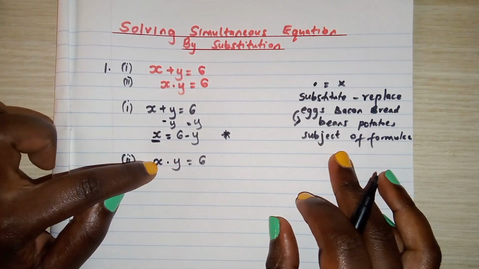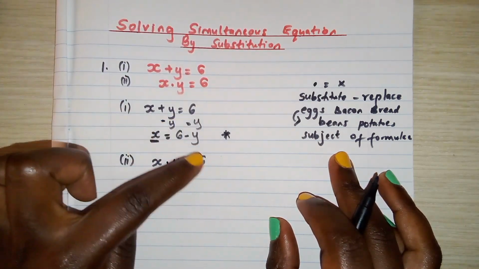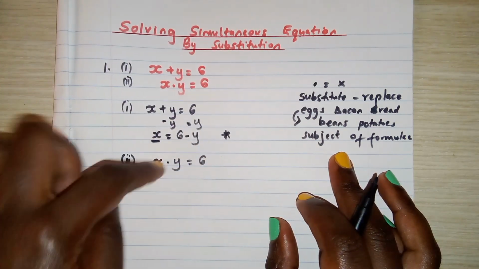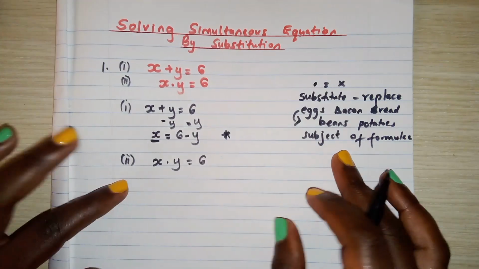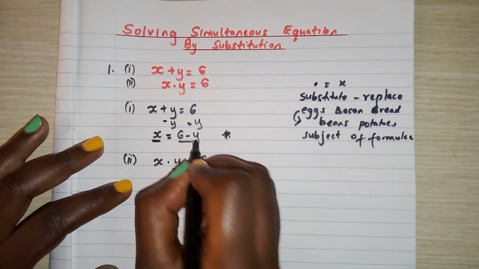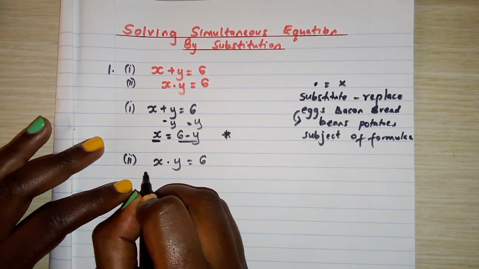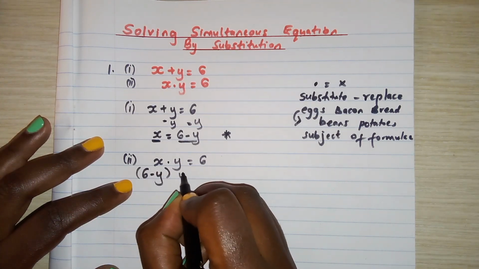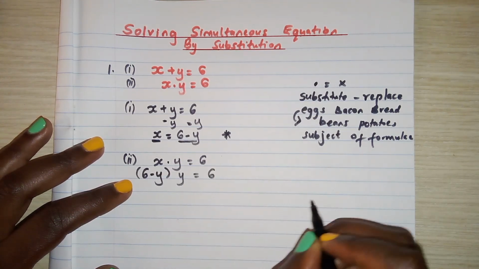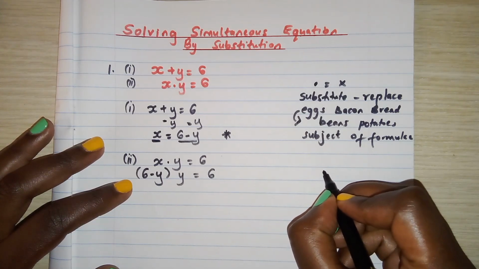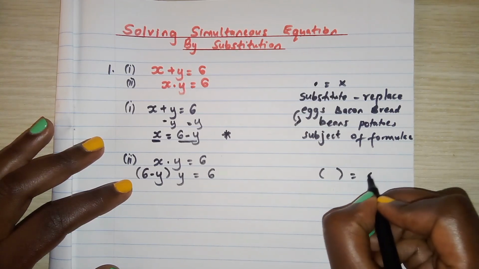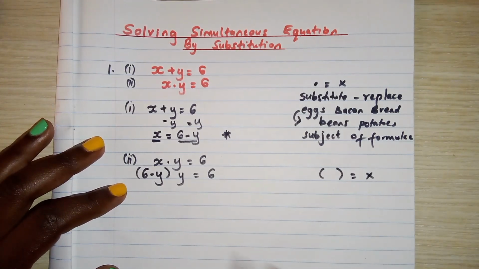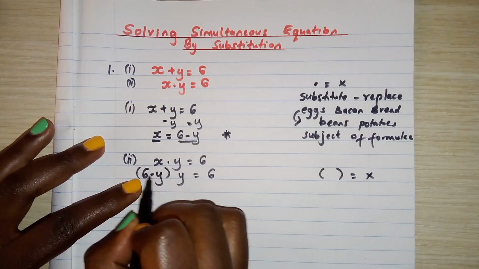Instead of x, we substitute 6 minus y as our x. So 6 minus y times y equals 6. In algebra, a bracket is the same as multiplication. We're using a bracket because we have two terms.